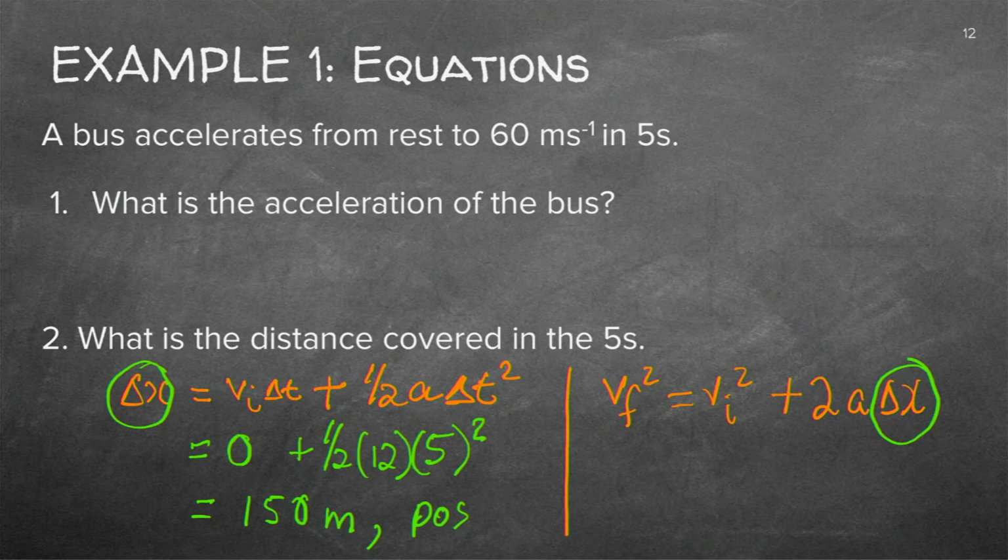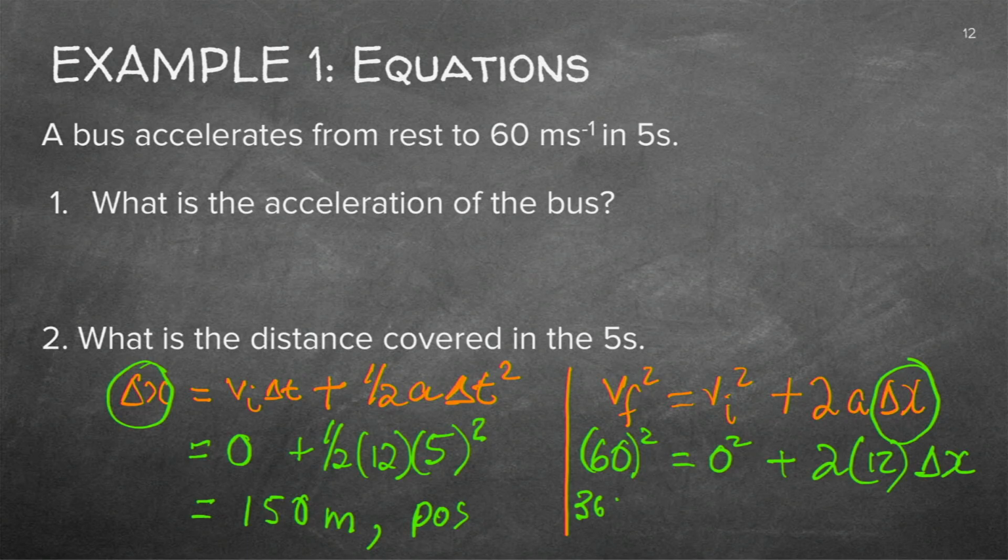If you did this one, you could also get it done. Just bear in mind that you now have to divide the 3,600, which is 60 squared, by the 24 to find delta x. And if you do the calculation, you'll find exactly the same answer.